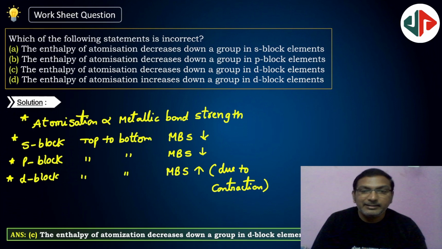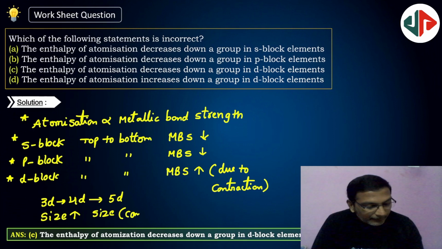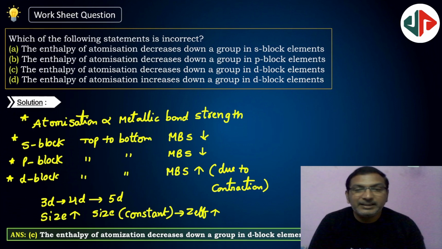Size will be decreased. As the size of element decreases, metallic bond strength increases. So in 3d to 4d series, size increases, and 4d to 5d, size constant, remains constant. And Z effective increases. So due to increase of Z effective, there will be more metallic bond strength. Enthalpy of atomization increases.